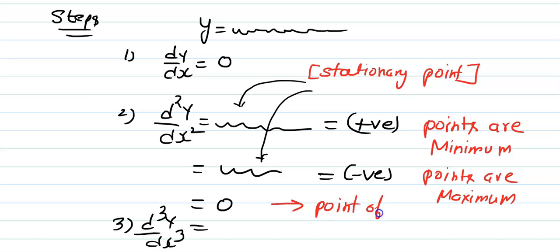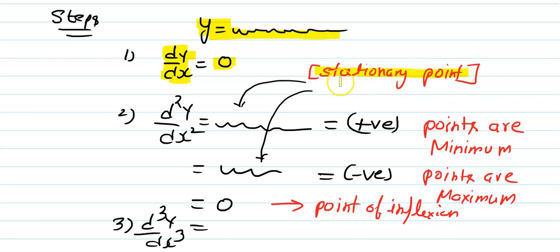So when it is coming 0, then we can say it is point of inflection. So sometimes examiner can ask tell me whether it is point of inflection, points are minimum, or points of maximum. So guys, it is clear. I repeat, y is of any function. You find gradient dy over dx and put it equal to 0, then you will get stationary points.